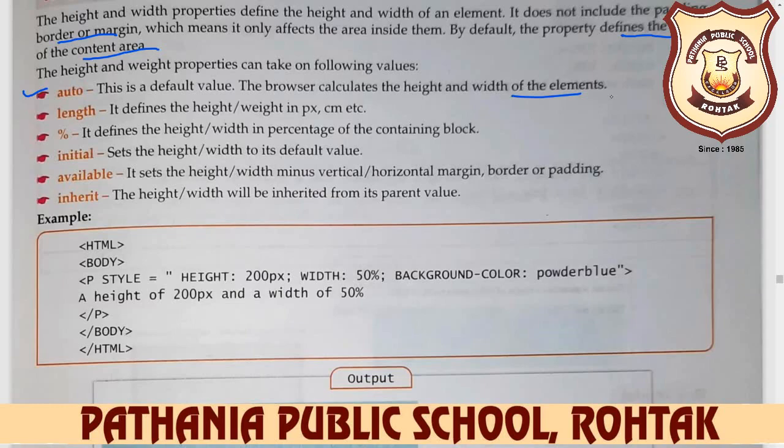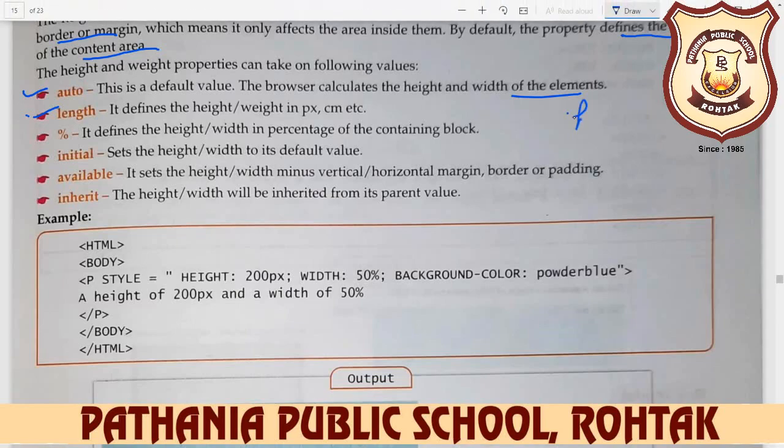Length. Length is always given in pixels and centimeters. So if you want to write 30 centimeter, 40 centimeter, 200 pixel or 300 pixel, then you write height, then a colon, and then, for example, 30 pixel.